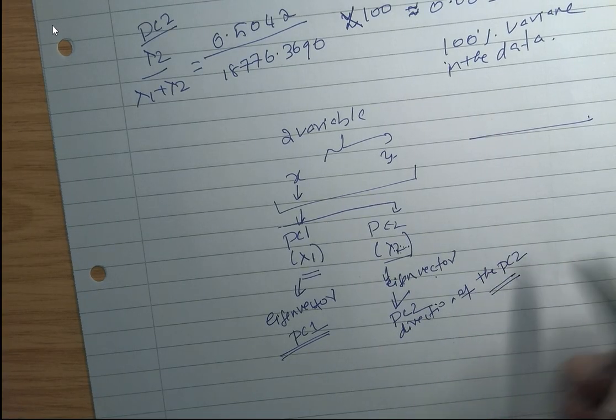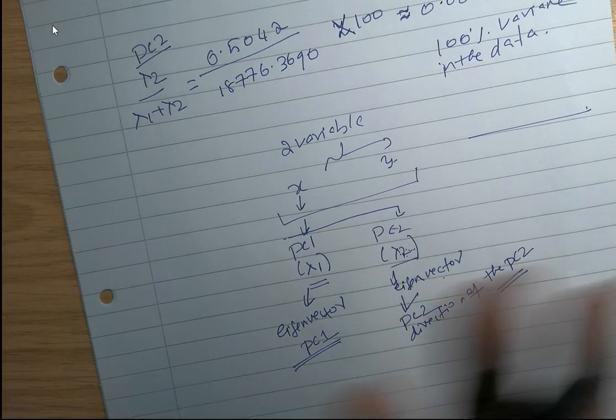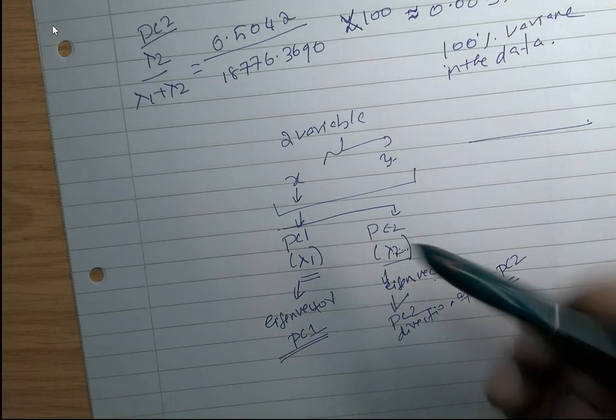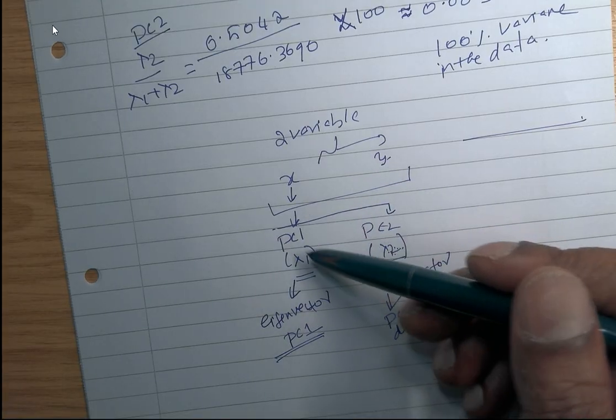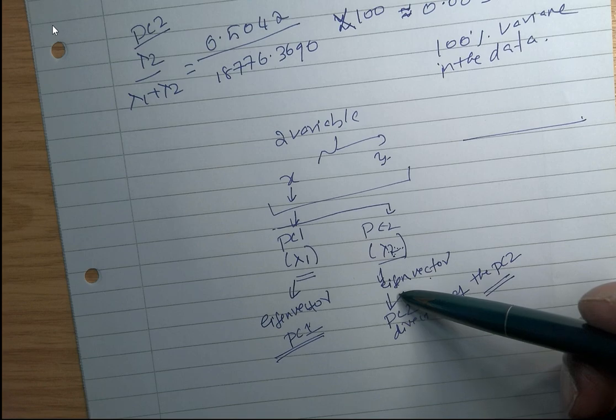I will explain later how to plot these, but for the moment, get the concept. That's really important. From lambda 1 we get the corresponding eigenvector, and from lambda 2 we get the corresponding eigenvector.